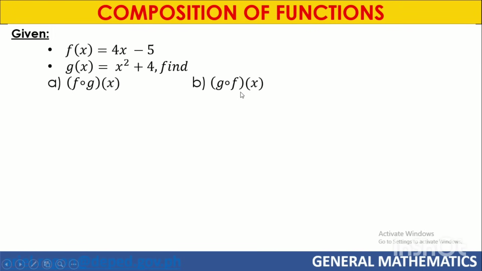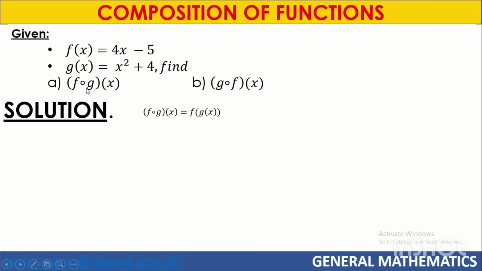So first we're going to answer letter A. We all know that f composition of g of x is equal to f of g of x. Ibig sabihin, we need to replace x in the function f by g of x.